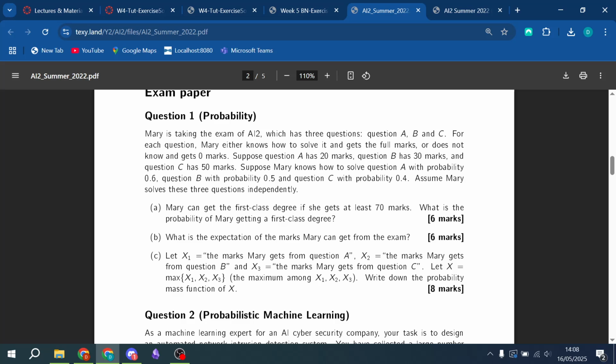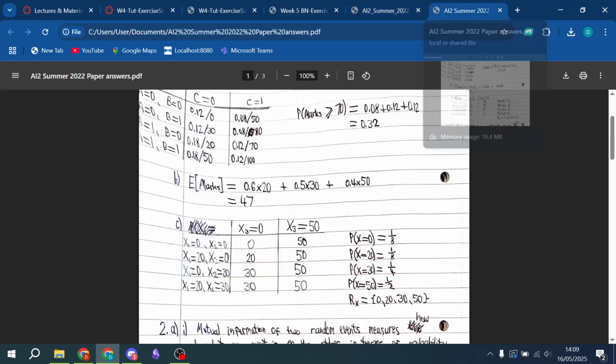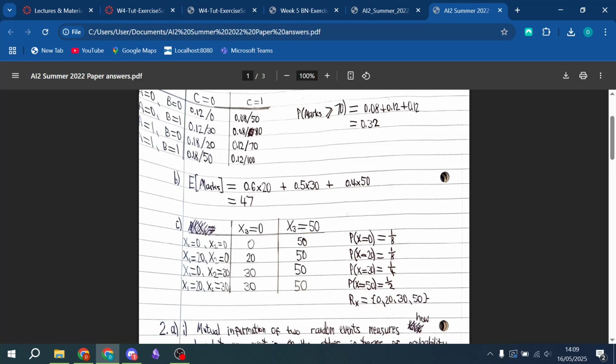When it says write down the probability mass function, I wasn't sure what kind of format they wanted, so I figured out what the possible values of x are. That depends on the values of x1, x2, x3. She could get all of them 0, or 20 for A, 0 for B, and 50 for C. Then you just take the maximum.